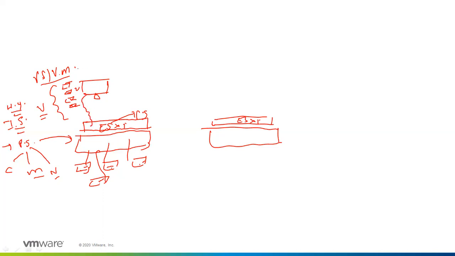But in behavior, this is more like your physical server. In a physical server, we normally have CPU, memory, disk, network, everything available. So as a next step, you can install an operating system and you can install the applications here.